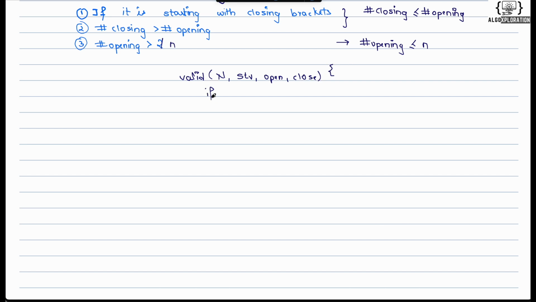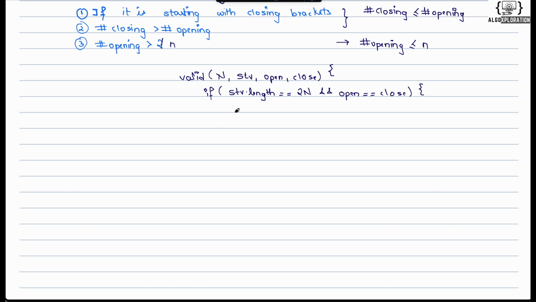Now, since we are learning recursion, in one of the shots I actually showed why the base case is very important. So here the base case would be, if the string length is equal to 2n and the number of opening brackets is equal to the number of closing, then in this case we got our valid string.